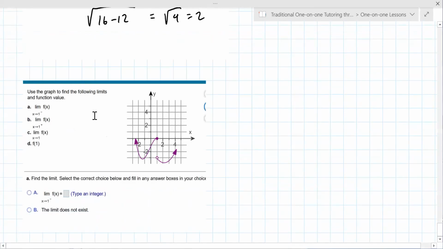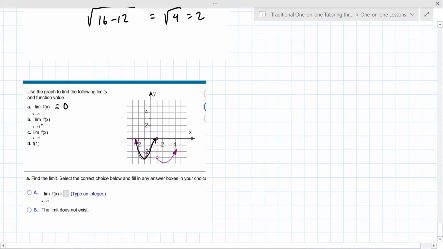All right, use the graph to find the following limits. Okay, so the first one is to find the limit as x approaches 1, and here's 1 from the left. So it's as if you're tracing the curve along here, and you're asking what is the y value there? Zero. Okay.